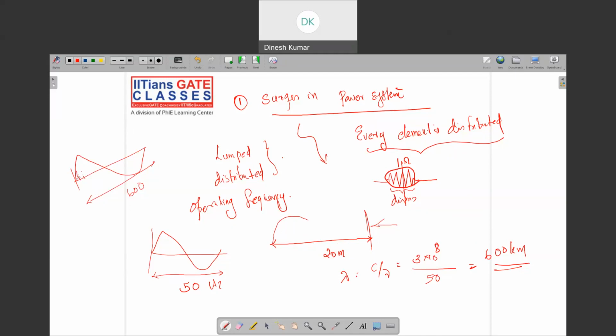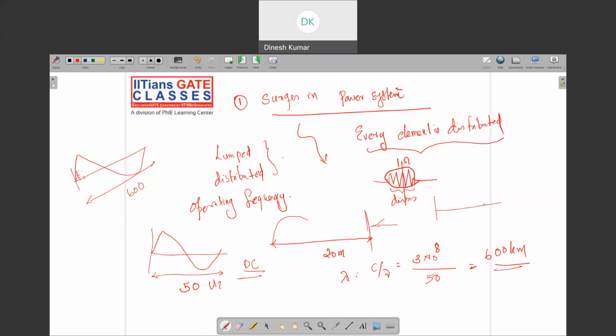That means this is almost similar to a DC, so you don't need to consider the effect of frequency here. In a steady state we can do all the things similar to AC. Even over a very long time, it remains the same.